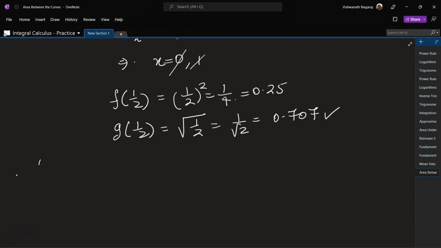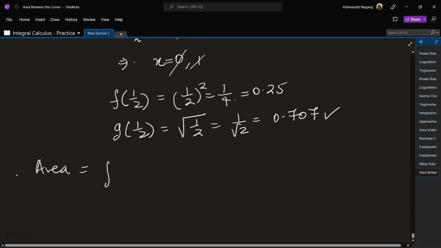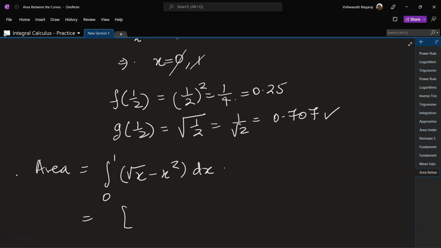So now, area between these two curves in the given interval is going to be from 0 to 1 of square root of x minus x square dx. Now let's integrate. x to the power of 1 by 2 plus 1 is 3 by 2, divided by 3 by 2, which can be written as 2 by 3, minus x cubed by 3 from 0 to 1.